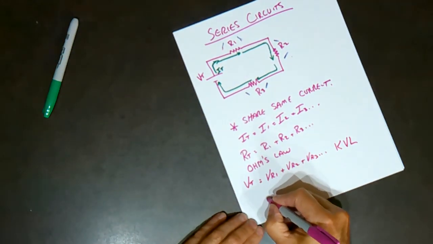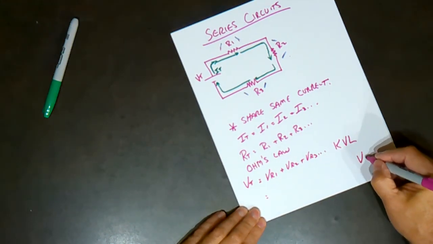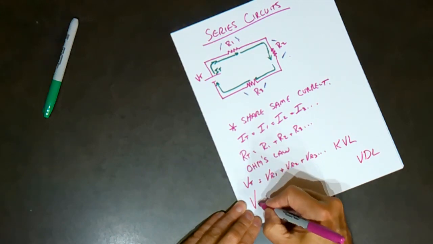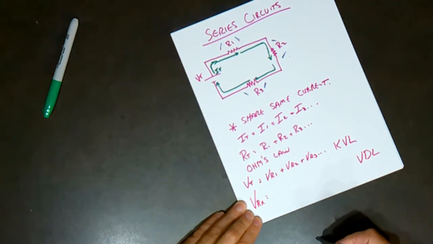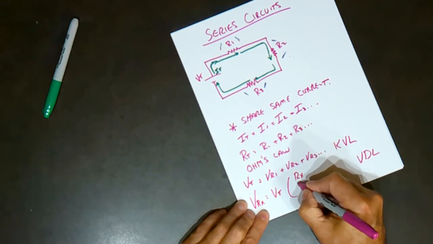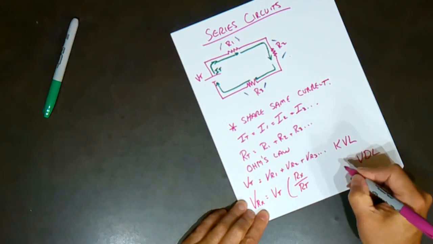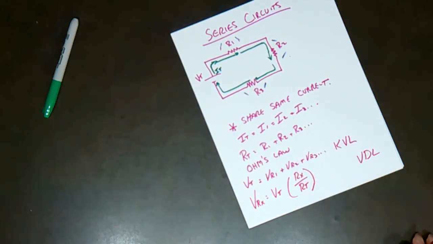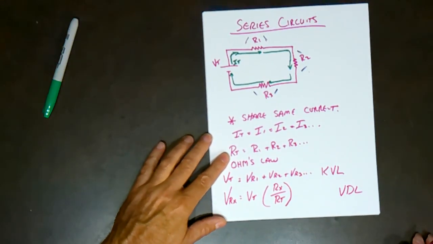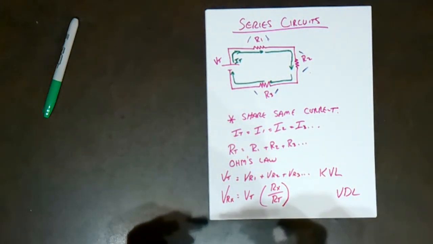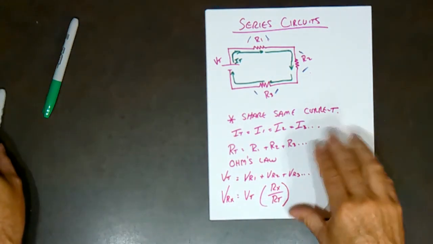And then we were able to derive what's known as the voltage divider law. The voltage divider law says that I can find the voltage across any resistor if I know the total voltage, the value of that resistor, and the total resistance of the network. And those were the rules that we dealt with for series circuits.